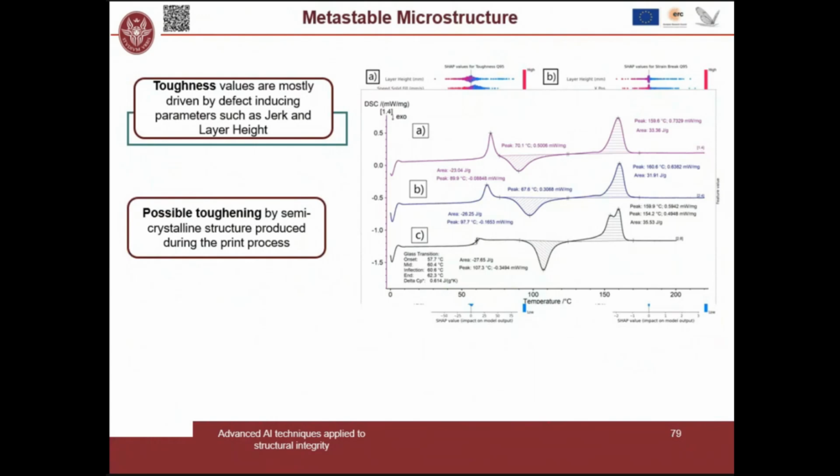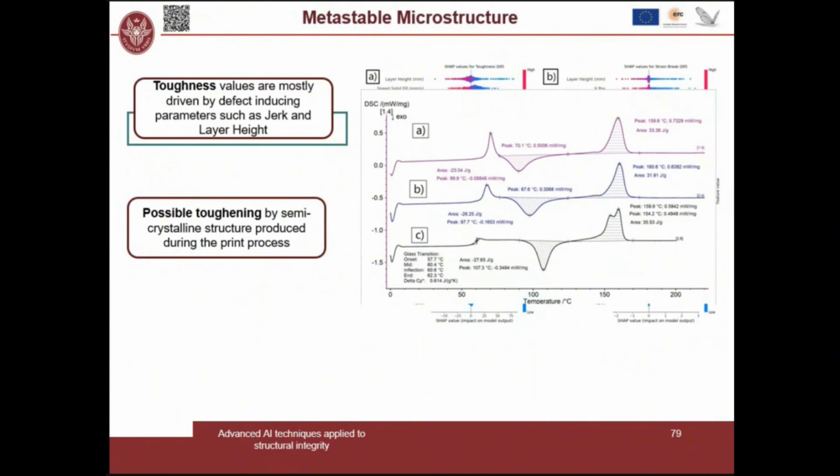And this enthalpic release is associated with the formation of a metastable semi-crystalline structure that was only possible by the high flow condition during the printing process. So essentially, due to the high shear stress inside the nozzle, the polymeric chains oriented themselves into that metastable structure, and since the layer is so thin, it quenched very fast, and it became frozen in time, and it survives upon testing. And you can see here that after testing, the enthalpic release increased.